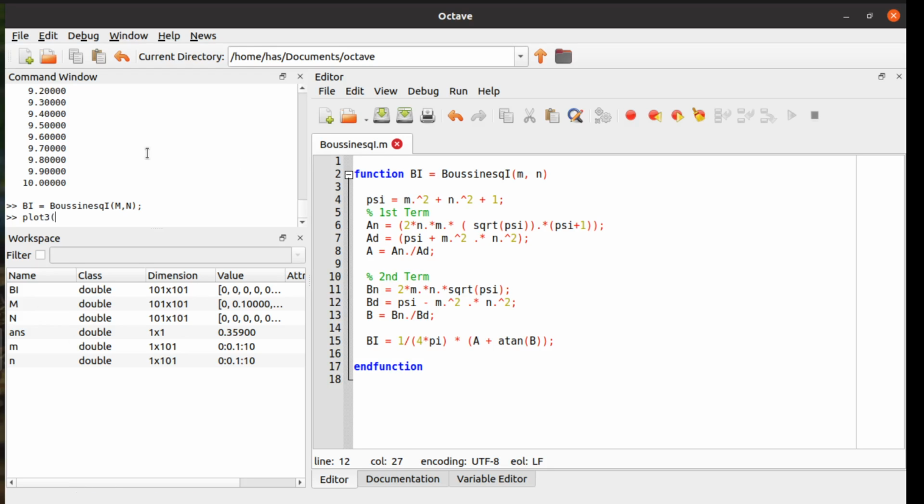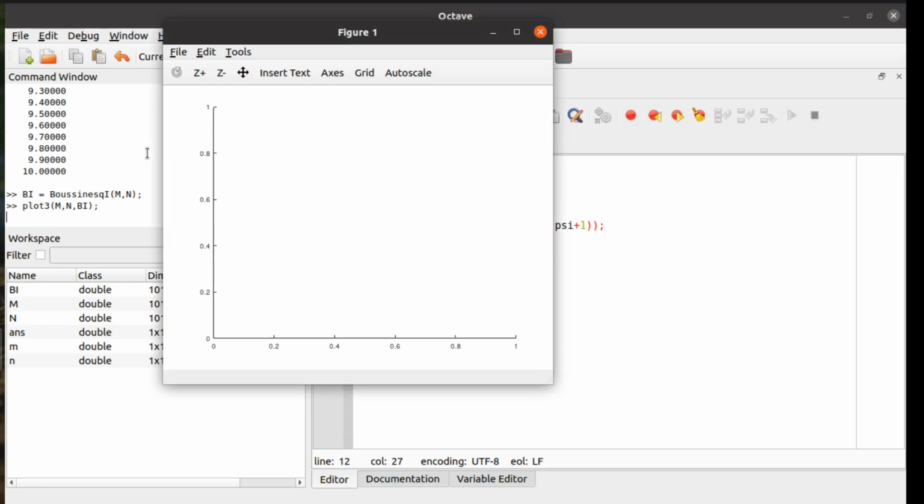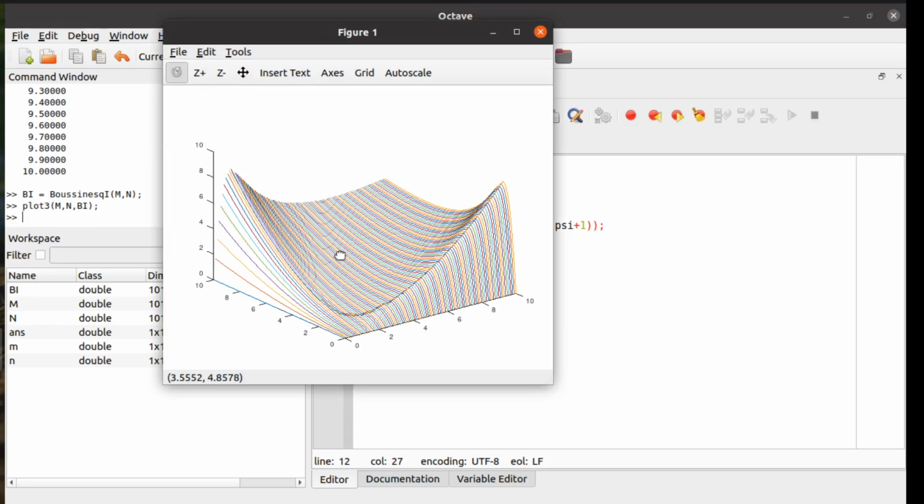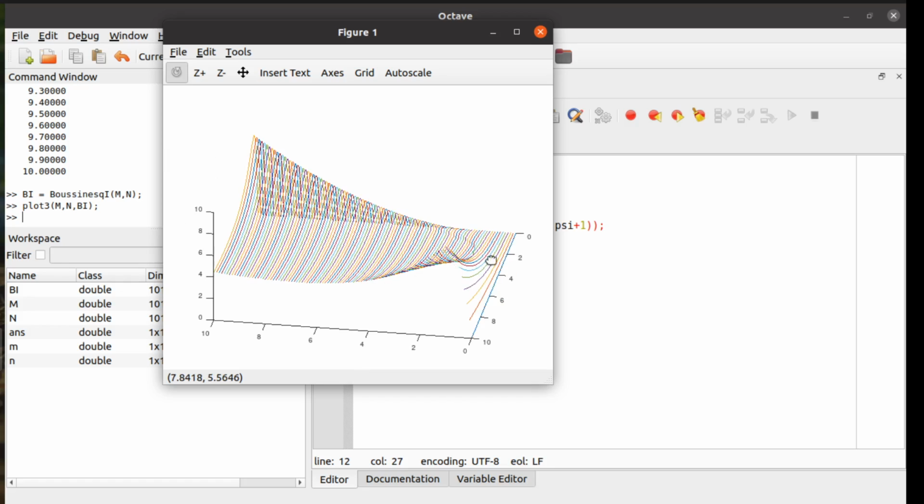Plot3 of m, n, and bi. This is m value, this is n value, and then bi value, the contour.